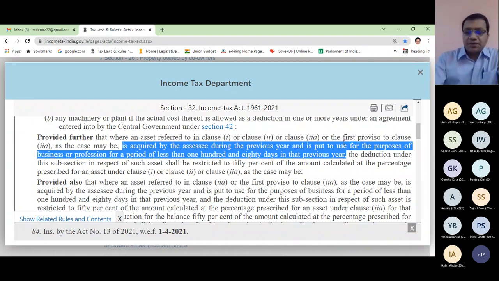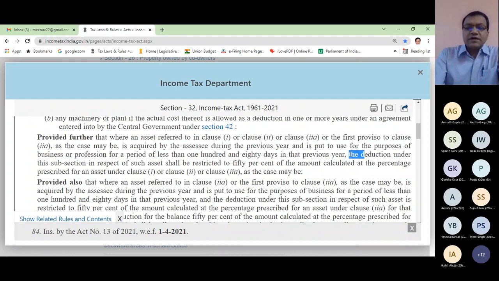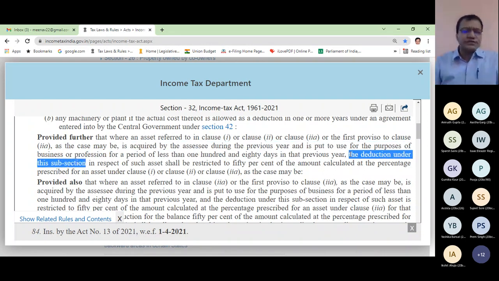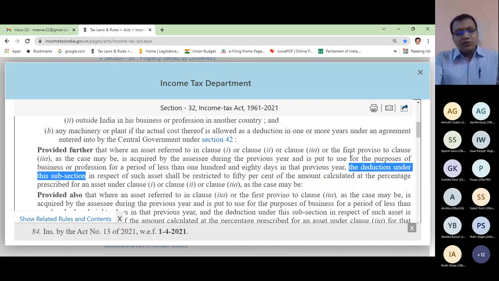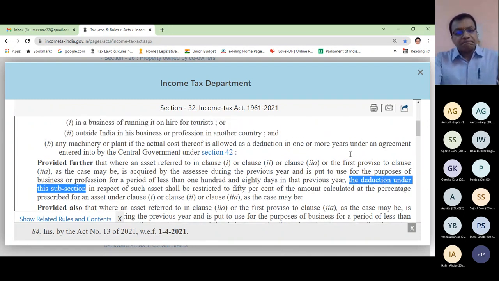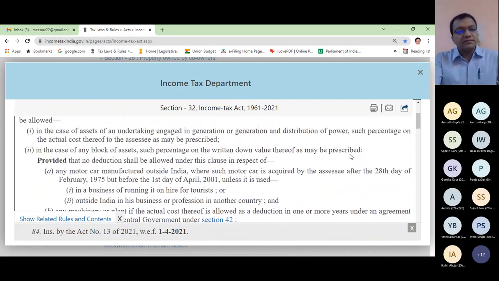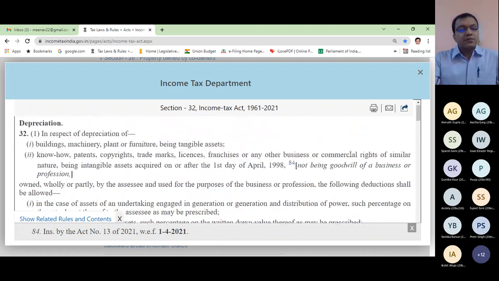then the section under this subsection, can you tell me which subsection I am talking about? Subsection 1. It is my subsection 1.